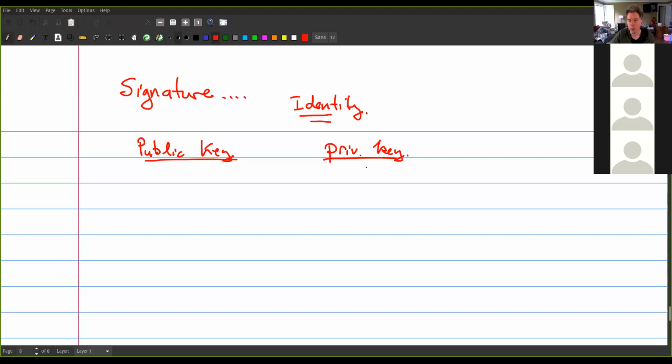Anything that we apply our private key to, you need this for signing. So this allows us to sign. And then later, people will want to verify our signature on various documents. And in order to verify our signature, you use the public key. So this is for signature verification.